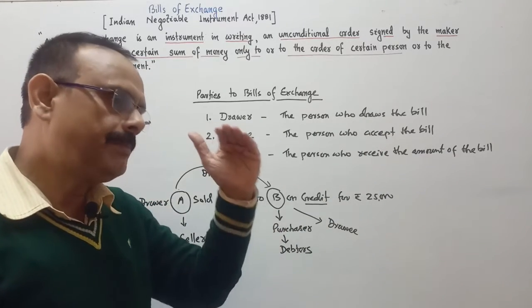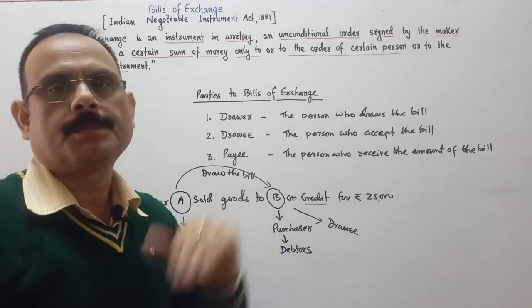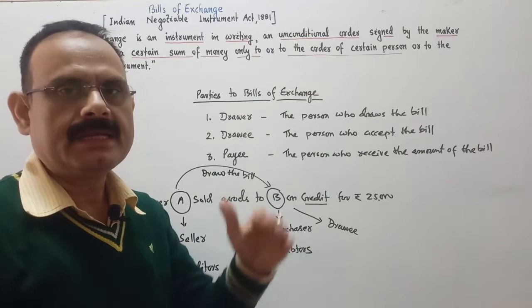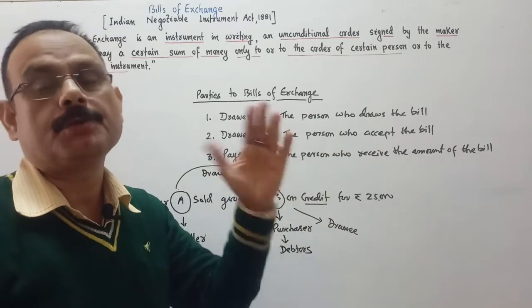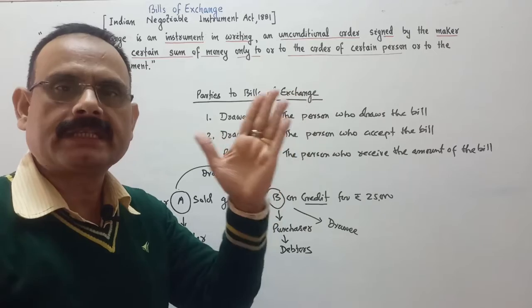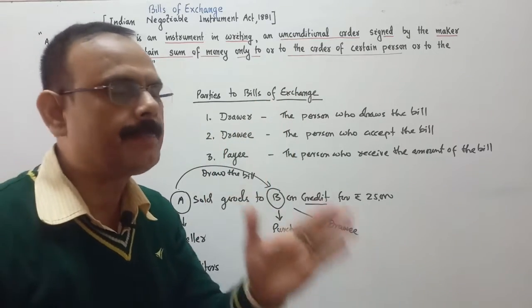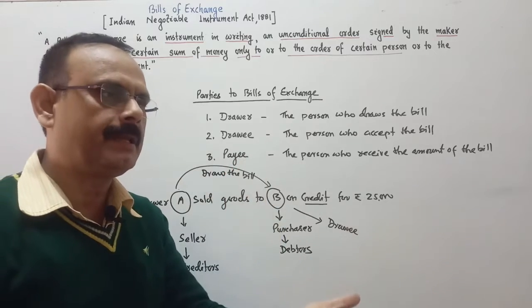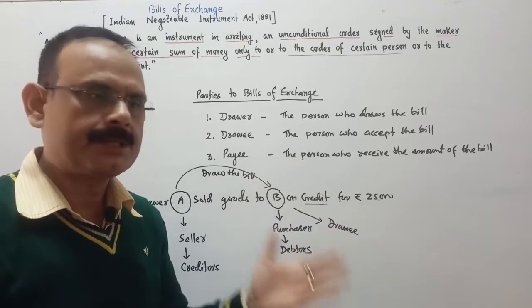Okay? If the bill is endorsed to a third party, to our creditors, then the endorsee or the creditor will be the payee of the bill. So who will be the payee of the bill? That depends upon who holds the bill on the date of maturity.